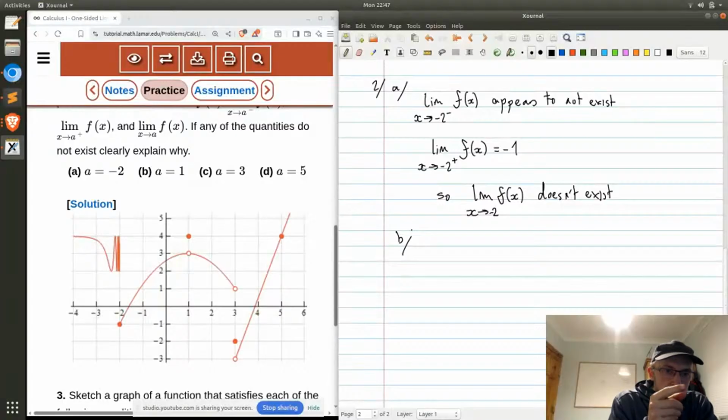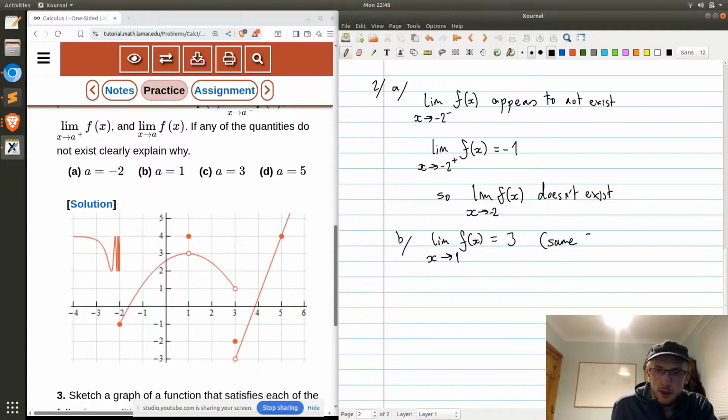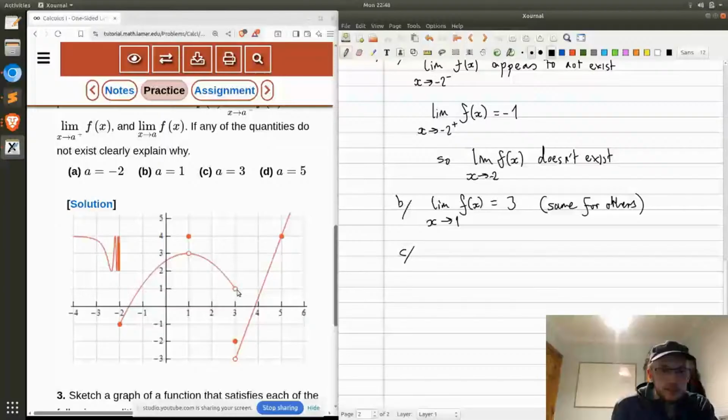This one, as a equals 1. We're just going to say that as x approaches 1, its function is 3, apparently. Same for others. For 3, anyway. Whoa, wait.